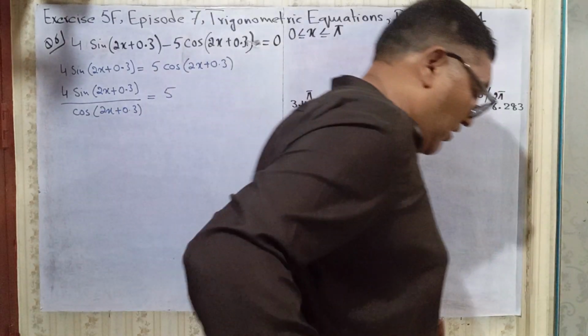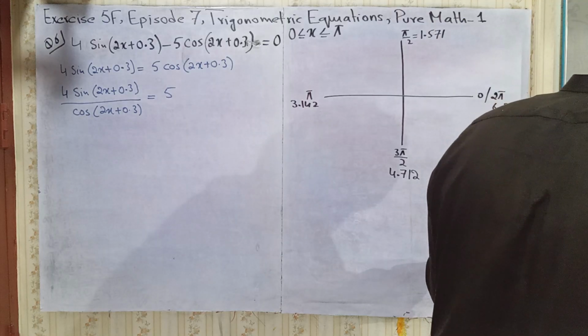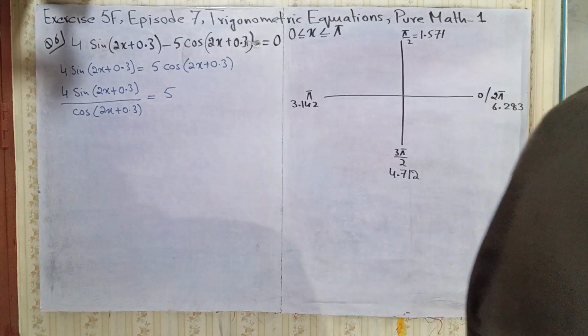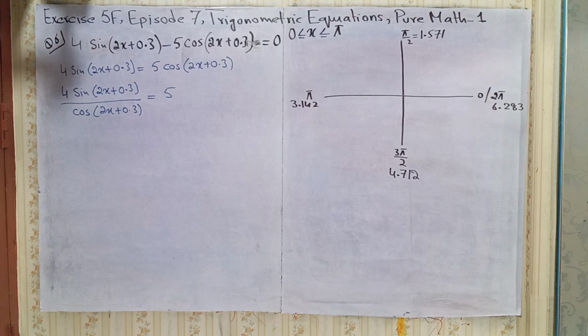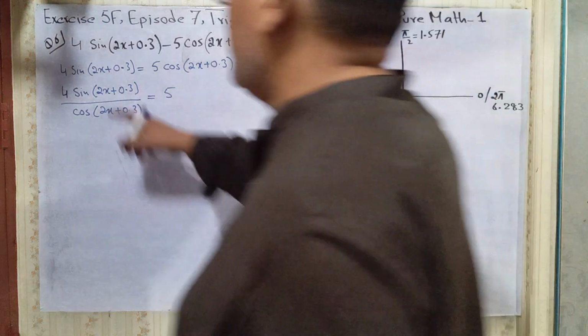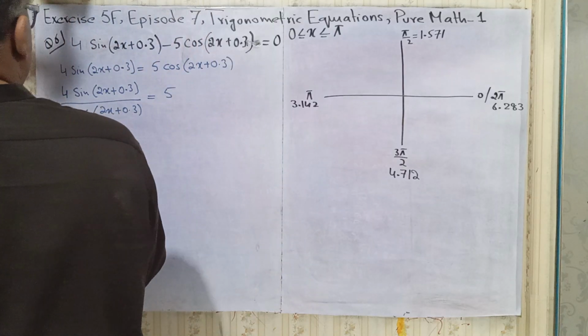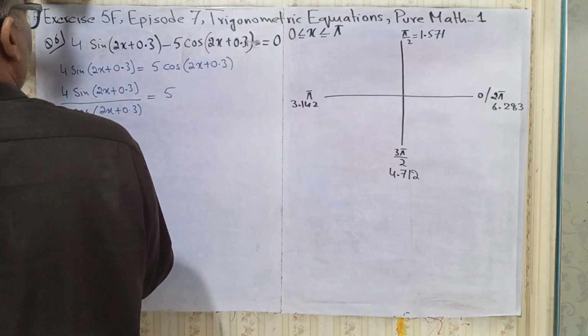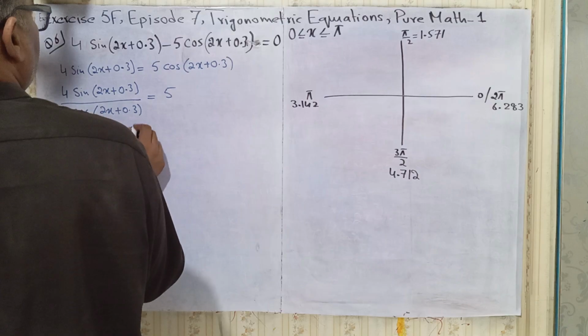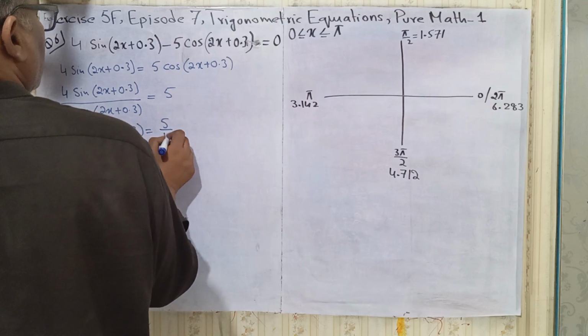Now bring this 4 to the other side. So this will become tan(2x + 0.3) = 5 by 4.